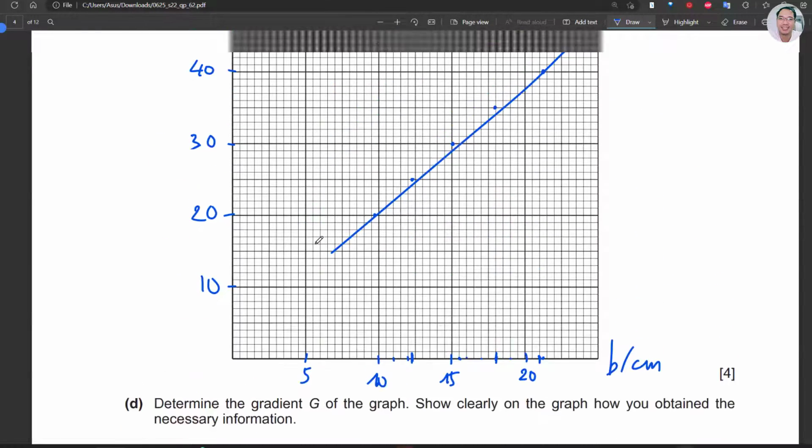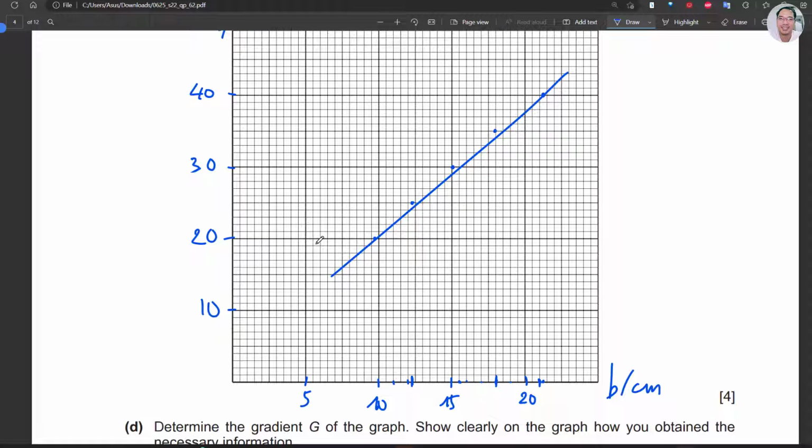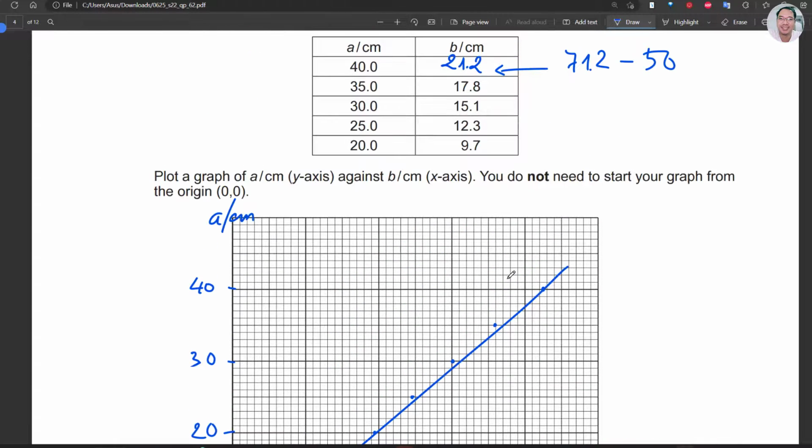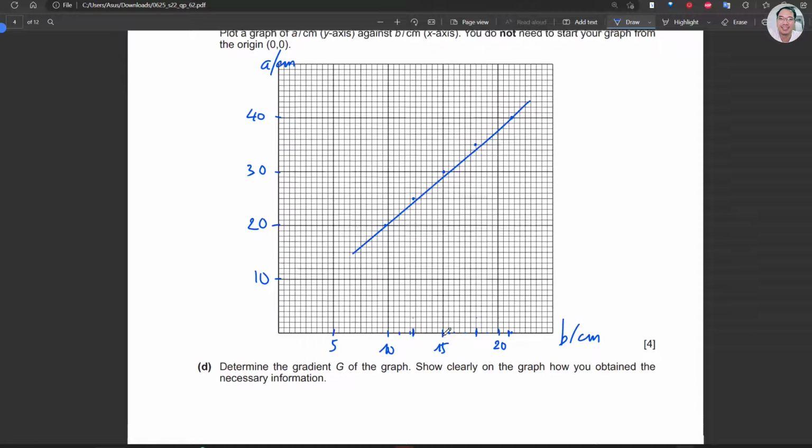Determine the gradient. If it is not good enough, then my calculation of the gradient will be totally a mess. Okay, gradient. I will try one more time. Or I can copy this to another software and use a ruler to draw a line.